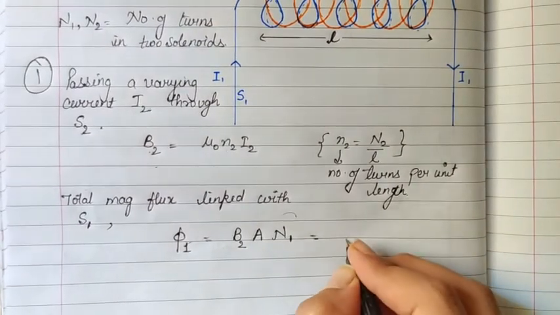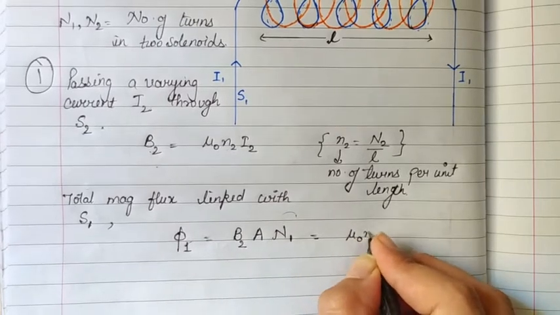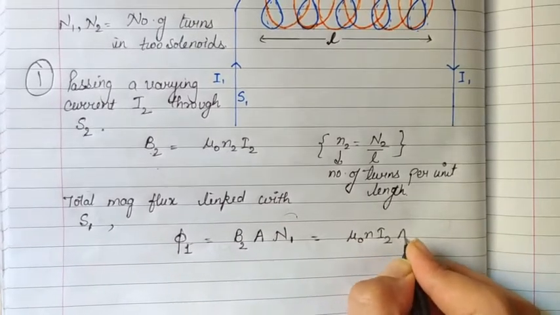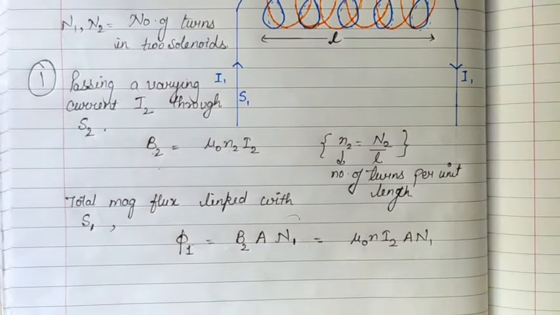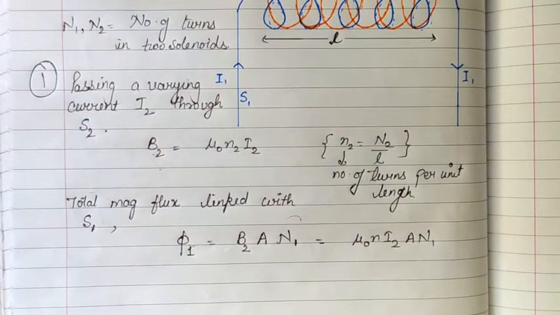So we get phi 1 equal to mu naught n2 I2 A N1. This is the value of phi 1 for the solenoid S1.